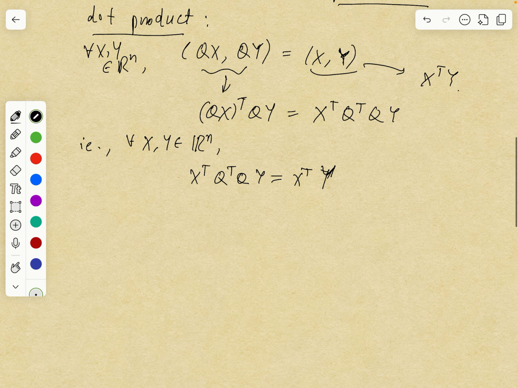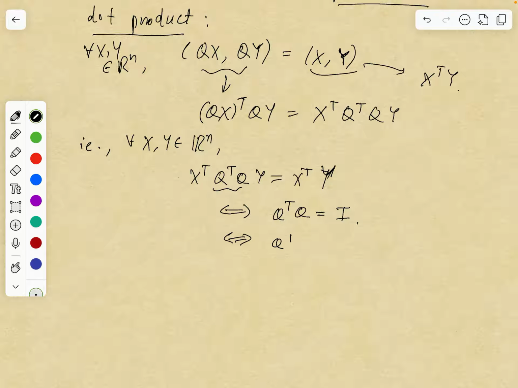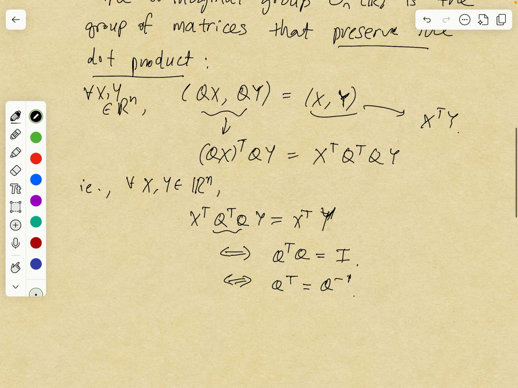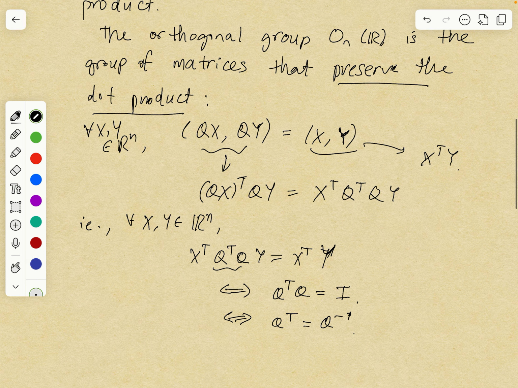And one can show that this is true if and only if Q transpose Q, so this matrix, is the identity. And this is the familiar definition of an orthogonal matrix, right? A matrix is orthogonal if Q transpose Q is the identity, or alternatively, if Q is invertible and Q transpose is equal to Q inverse. Okay, so this orthogonal group is the group that preserves the dot product.